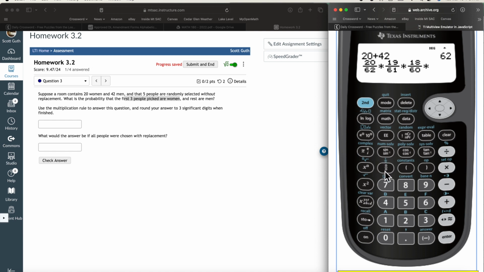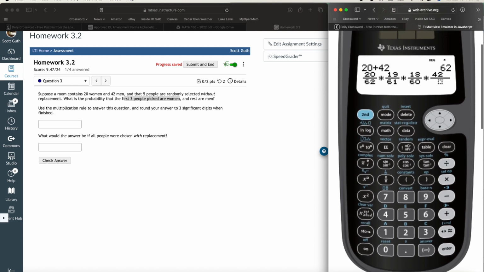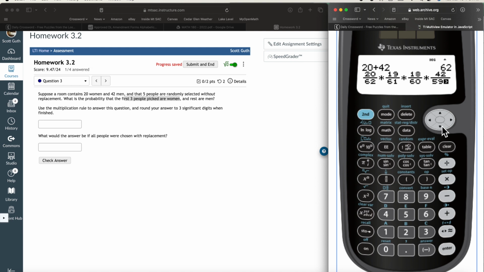So there are still 42 men to choose from, but there's only 59 people left. So I'm going to say that's out of 59. And then 1 more person to pick also needs to be a man. So there were 42, now there's 41 men out of 58 people.